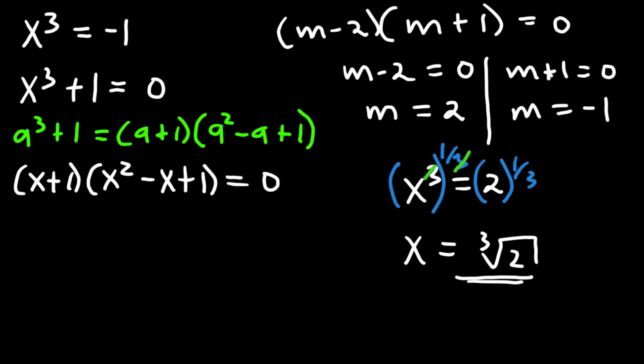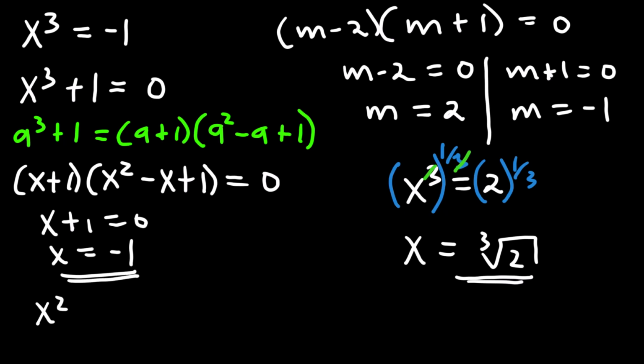And if we set x plus 1 to be equal to 0, x will be equal to -1. And now if we set x to the power of 2 minus x plus 1 to be equal to 0, what would be the values of x?